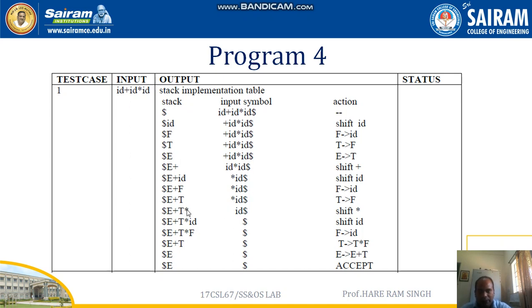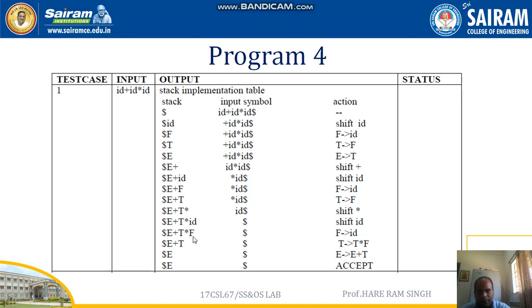So the star is shifted here in the stack and it becomes E + T *, and the action is called shift star. Next, whatever is left is id, so id is shifted, shift id. In the input only dollar is left.